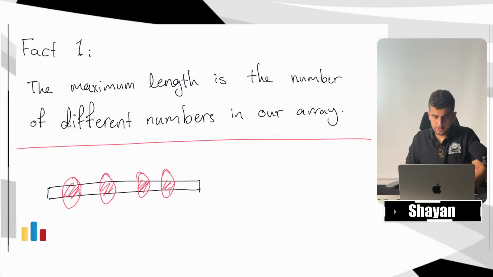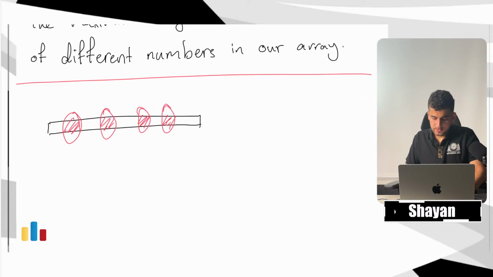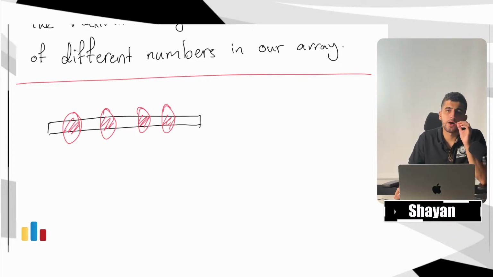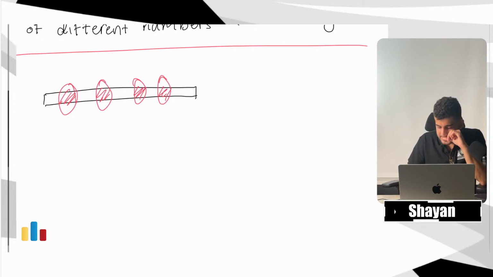Now, we want to find the one that is most optimal lexicographically. And what does it mean to be lexicographically optimal? As we said, we want the first element to be maximum. This is our first priority.